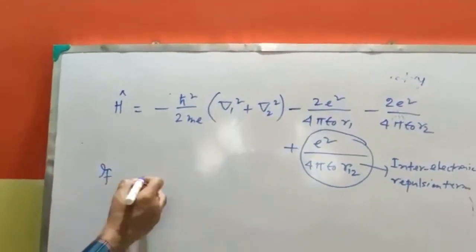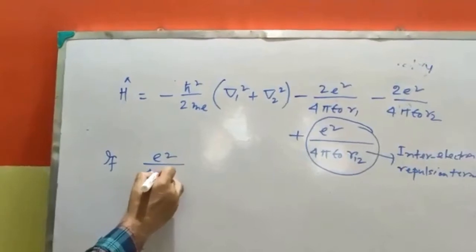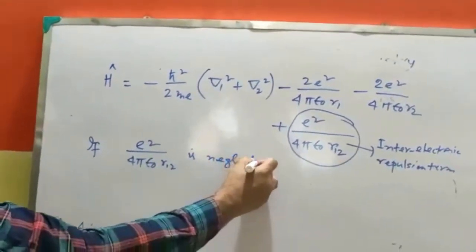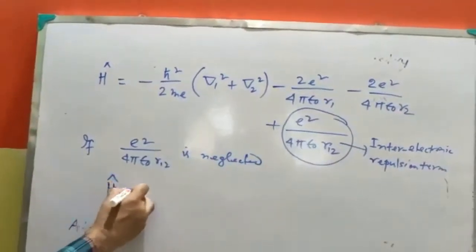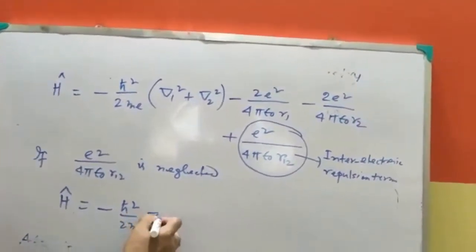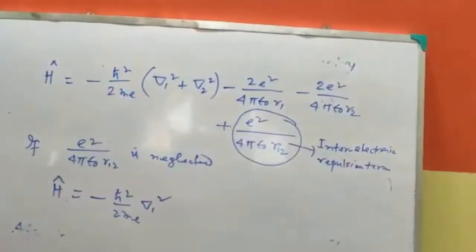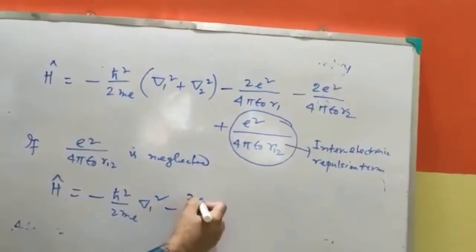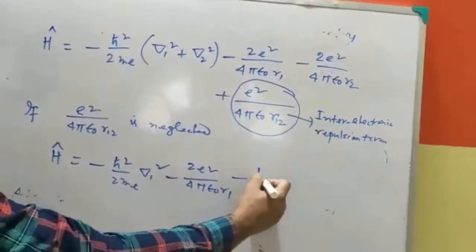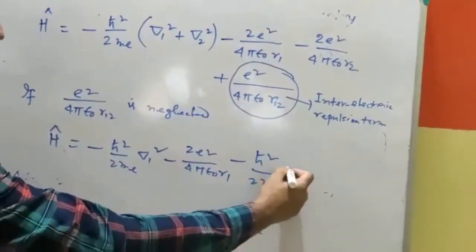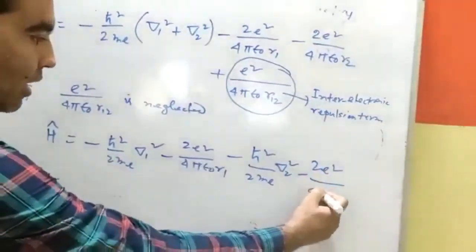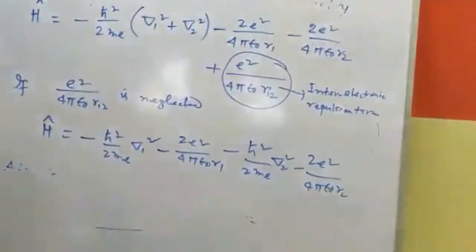If e² by 4πε0 r12 is neglected, then the Hamiltonian becomes H1, which is minus ħ² by 2me del 1 square minus 2e² by 4πε0 r1, plus minus ħ² by 2me del 2 square minus 2e² by 4πε0 r2.